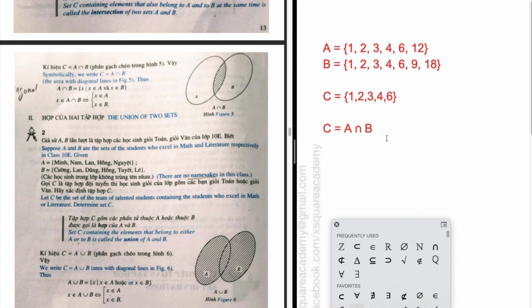And you can see this Venn diagram. This is set A, this is set B, and the common area of set A and set B is their intersection. The common area is shaded with diagonal lines.